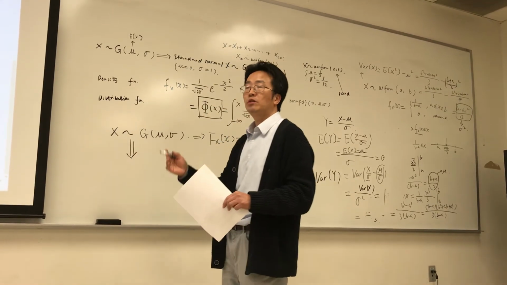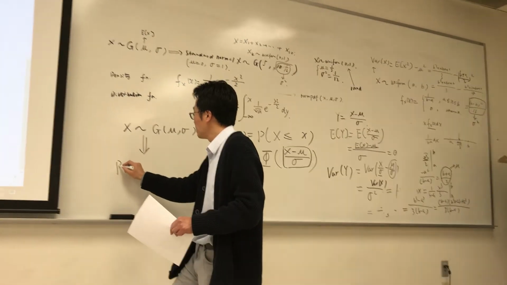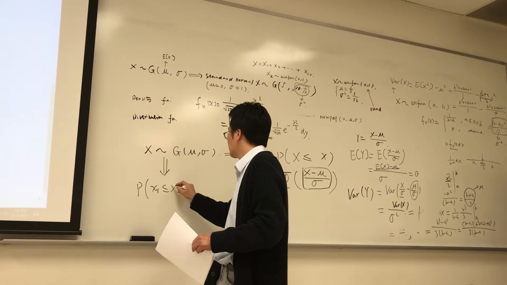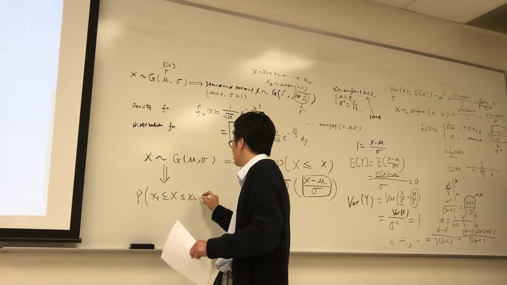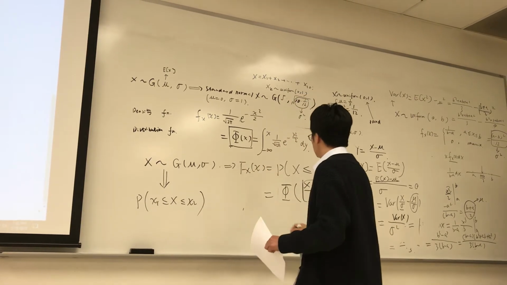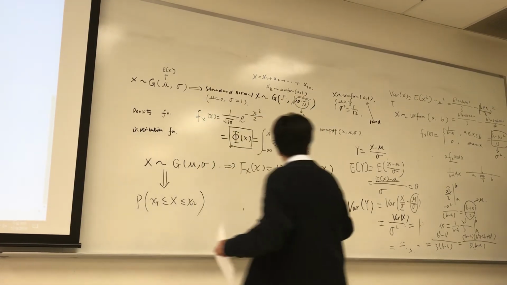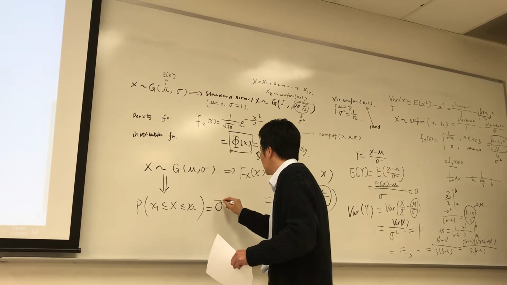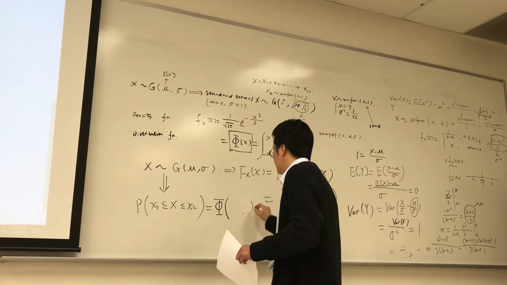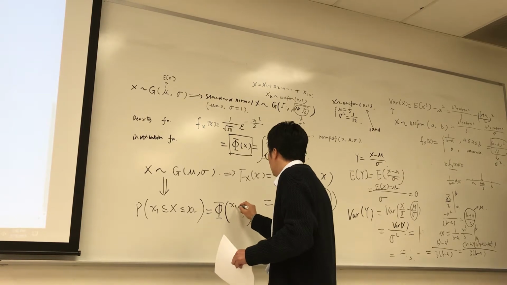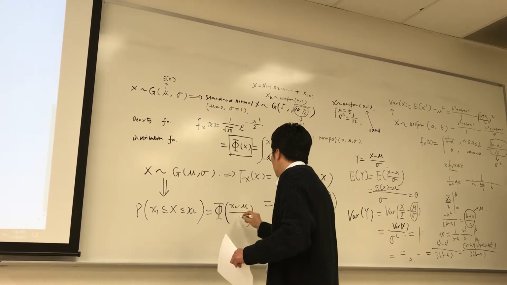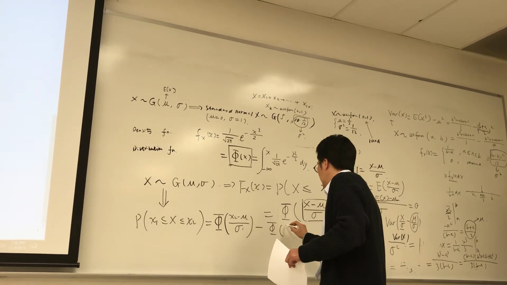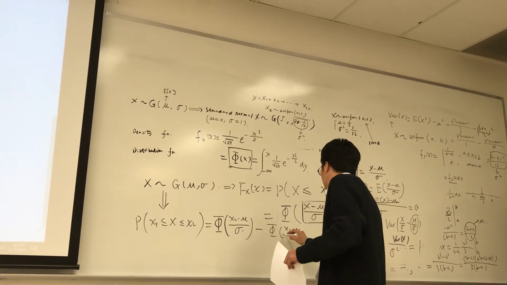If you want to determine the probability of x1 to x2, this equals the difference between the function at x2 minus mu over sigma, minus the function at x1 minus mu over sigma.